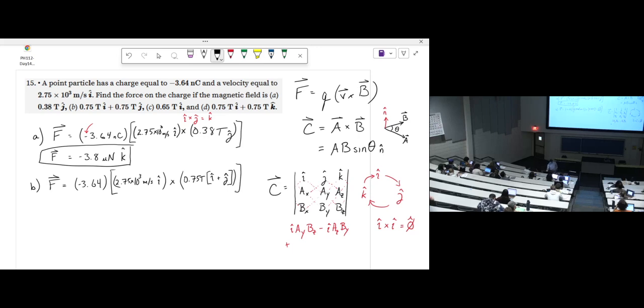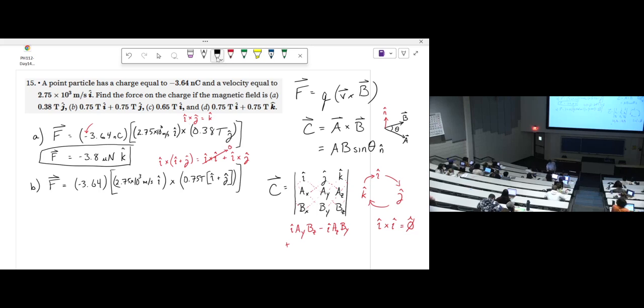Because as far as the vectors are concerned, I have I hat crossed into I plus j hat. The cross product is distributive, so that's I hat crossed into I hat plus I hat crossed into j hat. Well, I hat crossed into itself is 0, and so I've just got I hat crossed into j again, which gives me k.